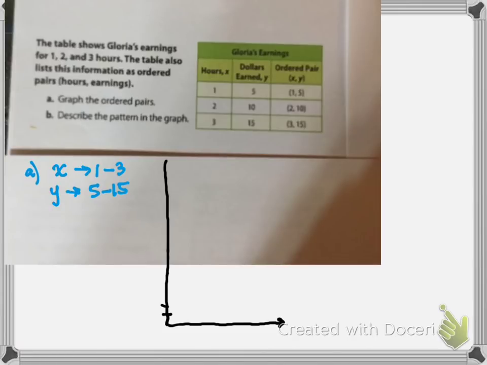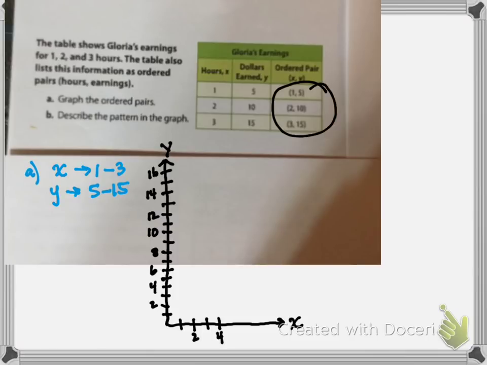So we're going to go 1, 2, 3, 4, 5, 6, 7, 8, 9, 10, 11, 12, 13, 14, 15. Now I'm going to label this the y-axis. I'm going to label this the x-axis. 1, 2, 3, 4. I'm going to label every other number, the evens, because it looks weird when you start with 1 and then skip to 3. I don't know why, it just looks weird to me. 6, 8, 10, 12, 14, 16.